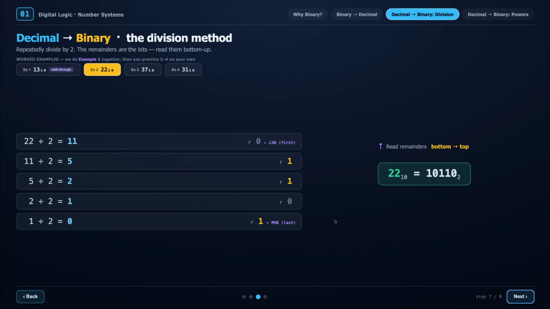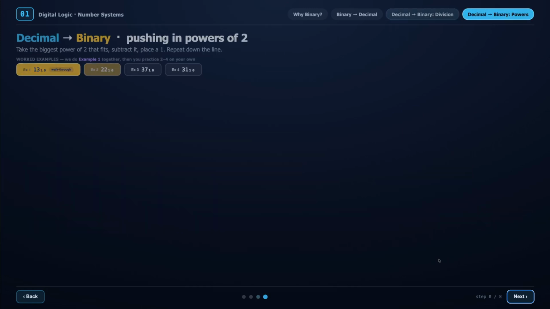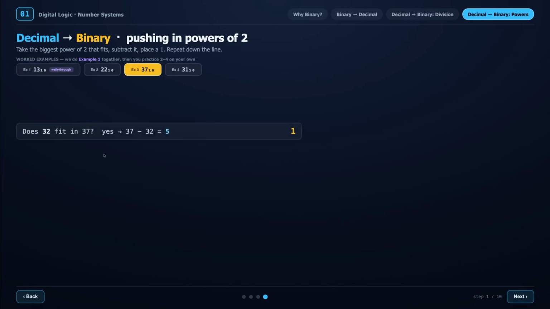Okay, there's another way that you can do decimal to binary conversion, and I find myself doing this method mentally more often than the divide by method. Okay, so let's talk about that. Let's go with a bigger number like 37. Okay, so what I'm thinking here is that you have 37, and so you're starting to look at powers of 2 that are smaller than 37.